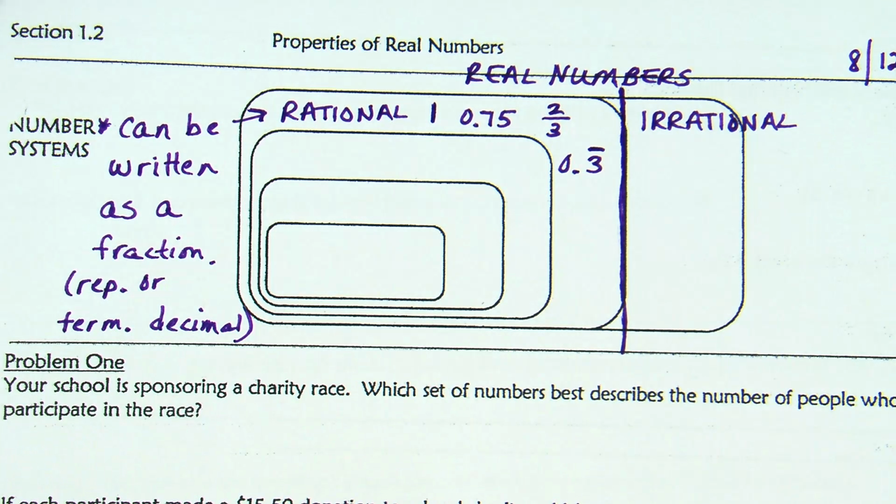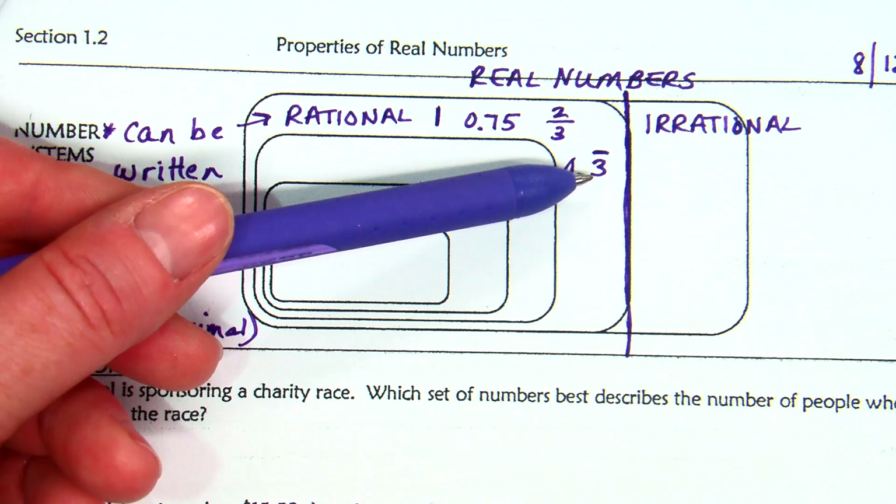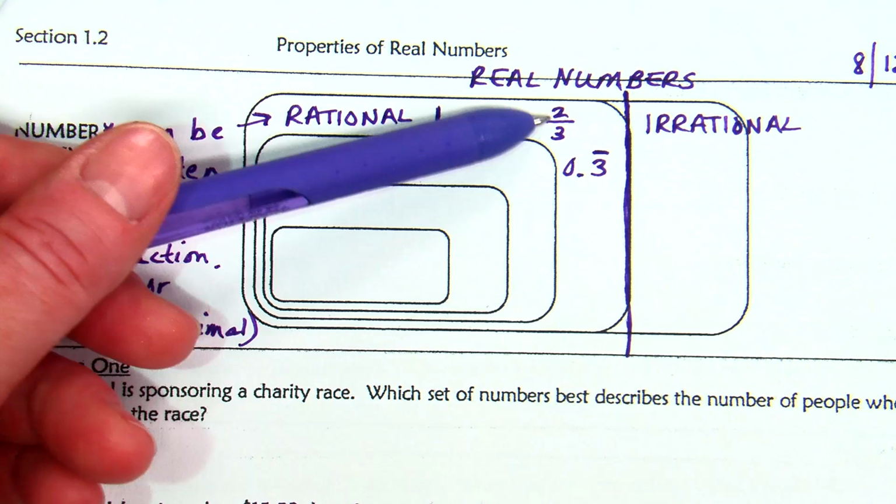But 0.3 repeating becomes 1/3. Because the shortcut here is, instead of putting the 3 over 10 and saying 3/10, you put it over 9. Well, what does 3/9 reduce to? 1/3. 2/3 is the same thing as 6/9. The 6 is repeating, that's 0.6 repeating.